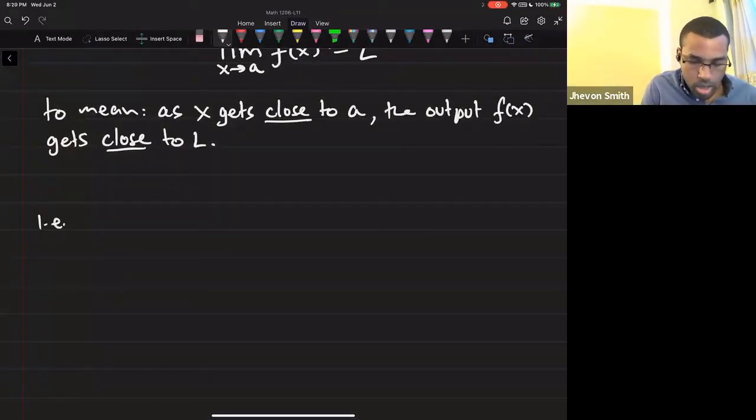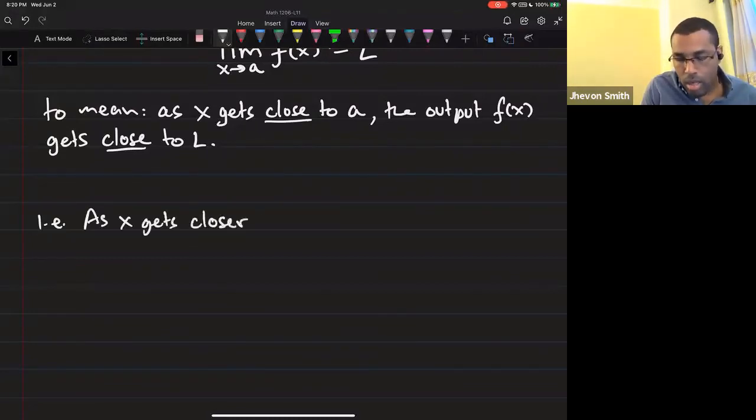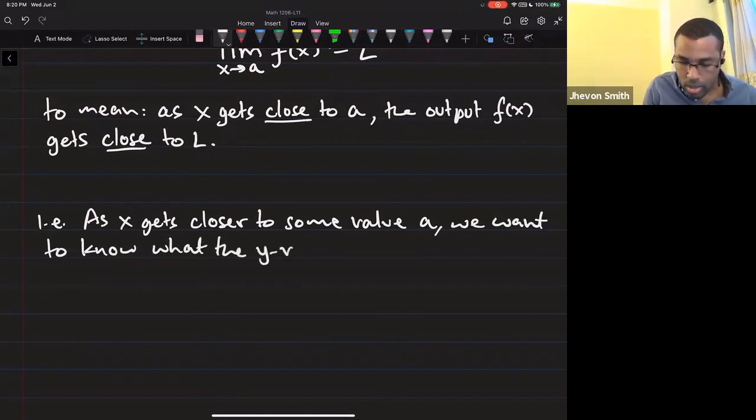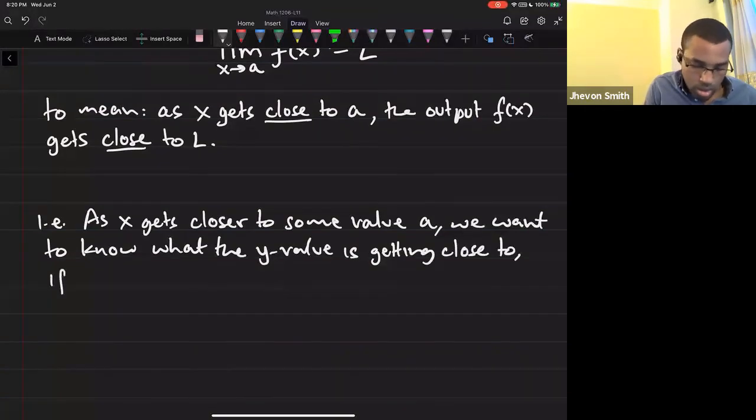I.e., as x gets closer to some value a, we want to know what the y value is getting close to, if anything.